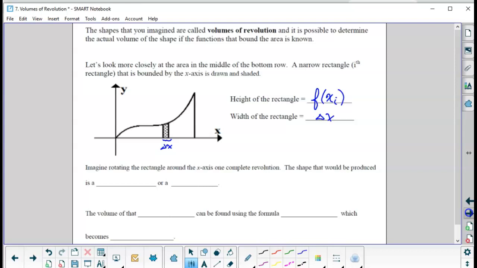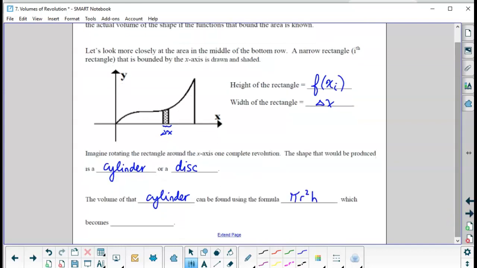So imagine rotating the rectangle around the x-axis one complete revolution. The shape that would be produced is a cylinder, as long as delta x is small. Sometimes we call that a disk when we're considering areas and volumes. Well, actually, in this case, volumes. So the volume of that cylinder, back to basically math 9 and 10, remember the volume of a cylinder is pi r squared, the area of the base, times the height of the cylinder.